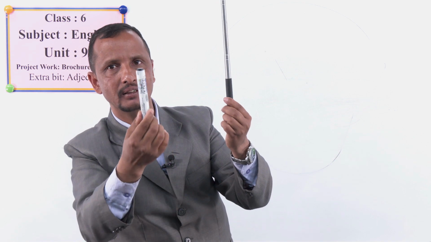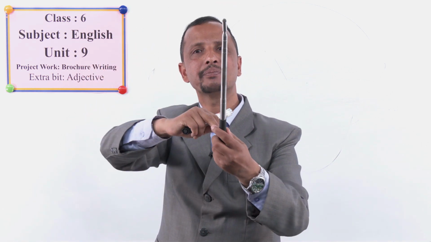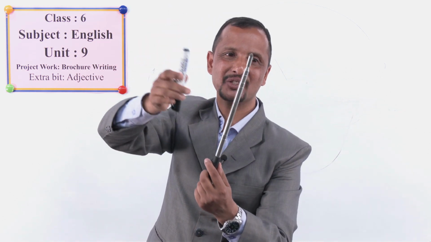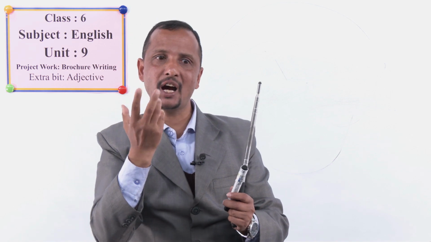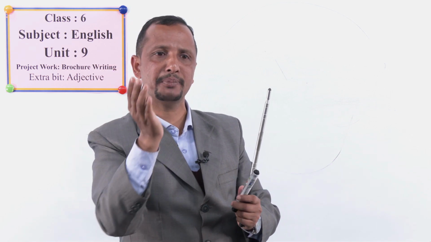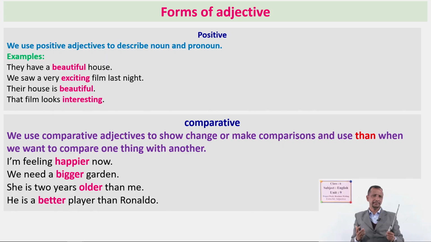Bigger than the marker, and the marker is smaller than the stick. Find out the form, how it is different from positive to comparative. I'm feeling happier now. We need a bigger garden. She is 2 years older than me. He is a better player than Ronaldo.